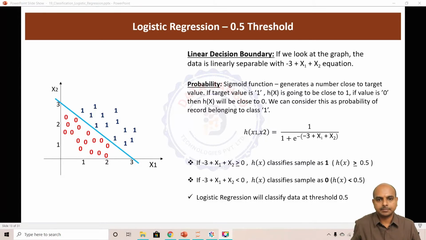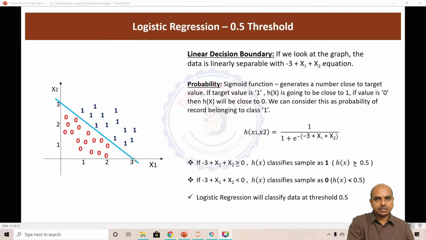Hello and welcome back. So far we understood how logistic regression works and how it takes 0.5 as the threshold to distinguish between two classes. So the linear decision boundary, the line which actually distinguishes two classes, is called the linear decision boundary.